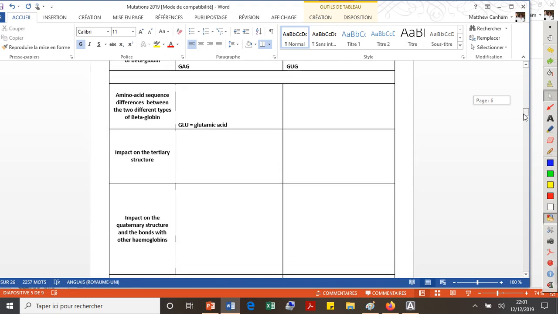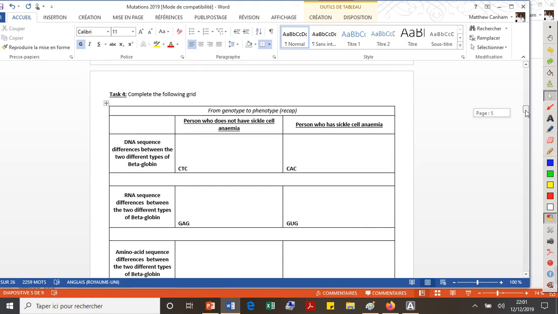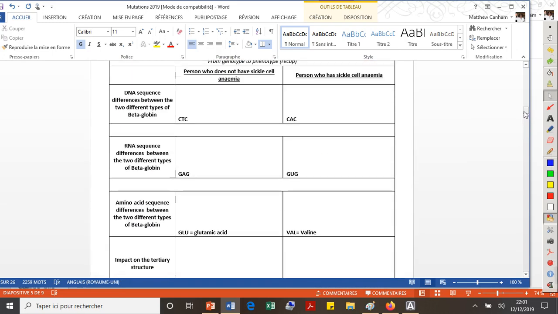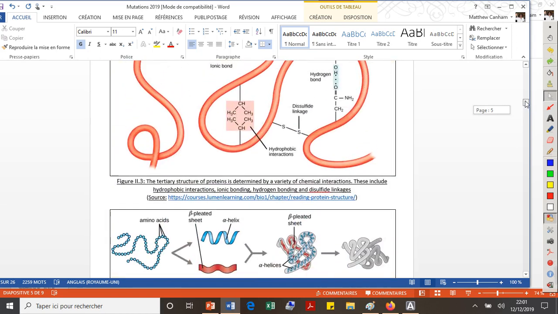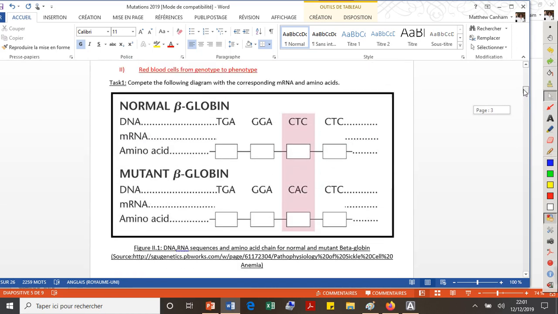We're going to add VAL equals valine. That's good. Okay. So first comparison: CTC, GAG, glue, glutamic acid; CAC, GUG, valine. There we go. Okay. So we've got our sequences.